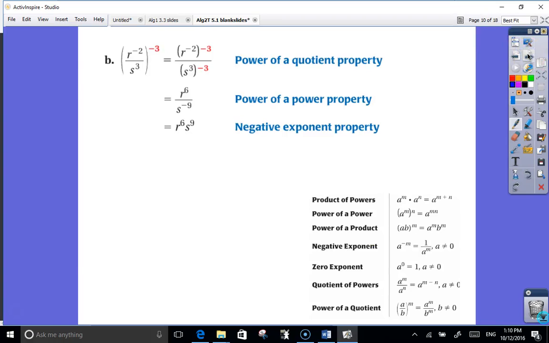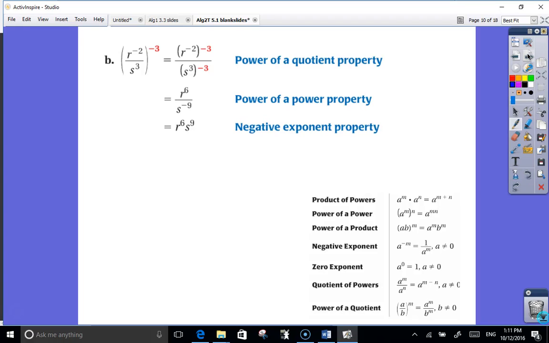Okay, so you have parentheses, there's a quotient in there, and there's parentheses, and then there's an exponent. So using the power of a quotient, we distribute the negative 3 exponent to both the numerator and denominator. And then looks like we're raising powers to powers, so that's the power of a power property twice. R to the negative 2 to the negative 3 is R to the negative 2 times negative 3, which is R to the 6th.